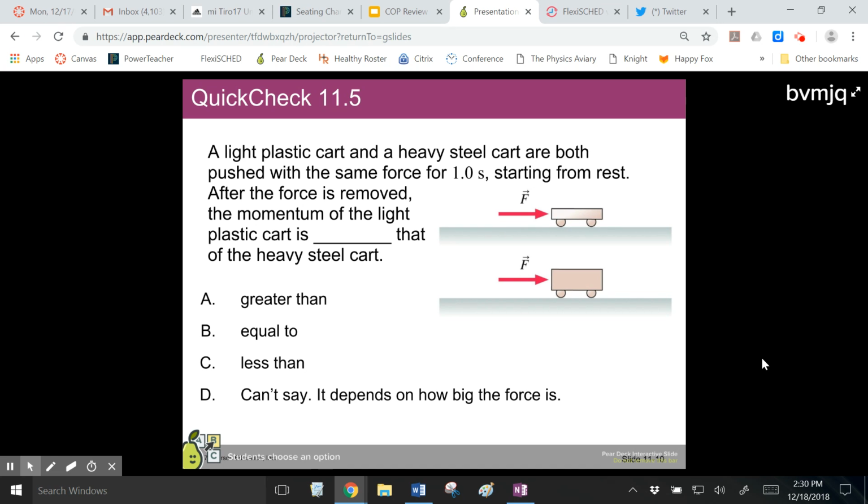All right. A light plastic cart and a heavy steel cart are both pushed with the same force for 1 second starting from rest. After the force is removed, the momentum of the light plastic cart is what compared to that of the heavy steel cart? What do you got?